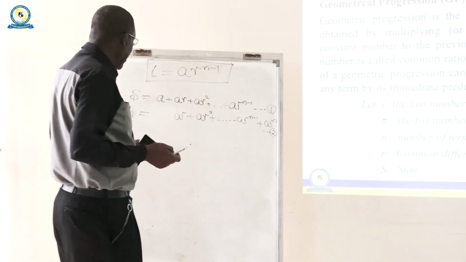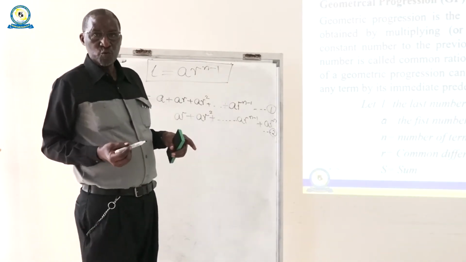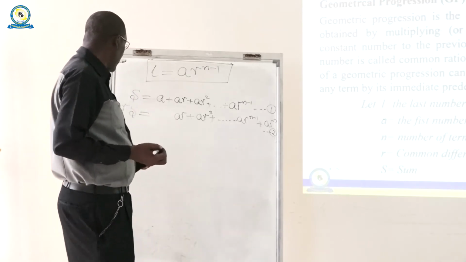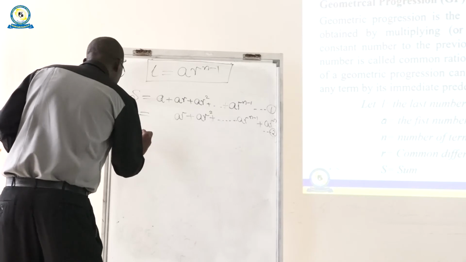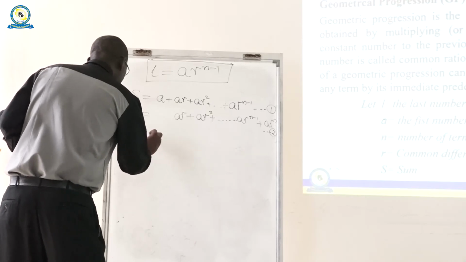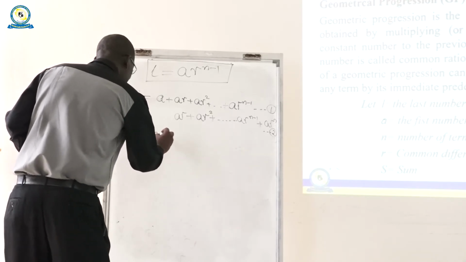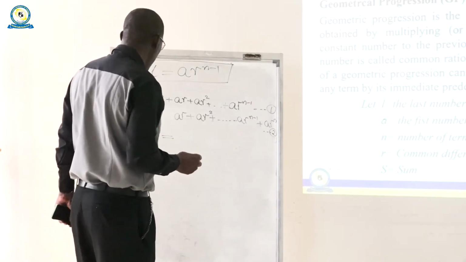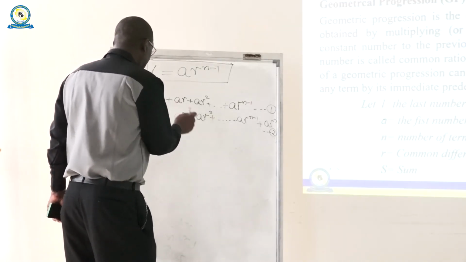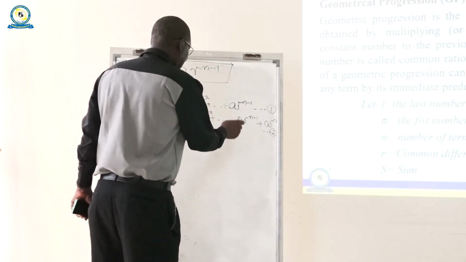We subtract equation 1 from equation 2. RS minus S equals this minus this, this minus this, this minus this.